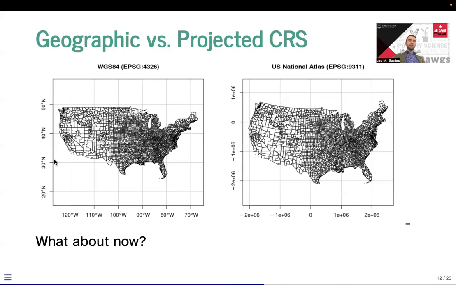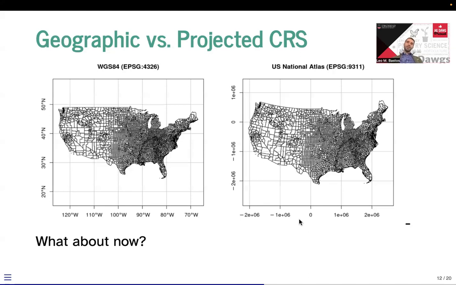Again, we can look at the units. WGS 84 is in degree units of longitude and latitude. On the other side, even though it doesn't give us the exact unit, it doesn't have a degree on it, so it's most likely a distance measure of some sort.